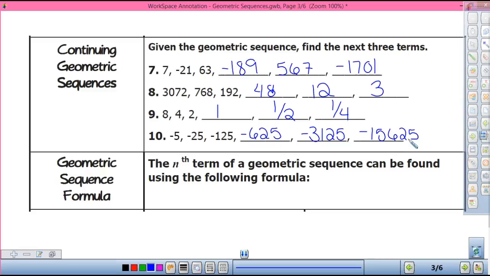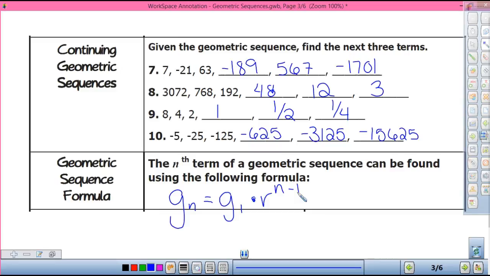Our formula, right, is, remember how in arithmetic we used A's? We're going to use G's in geometric. So we have G sub n equals G sub 1 times the ratio to the n minus 1 power.